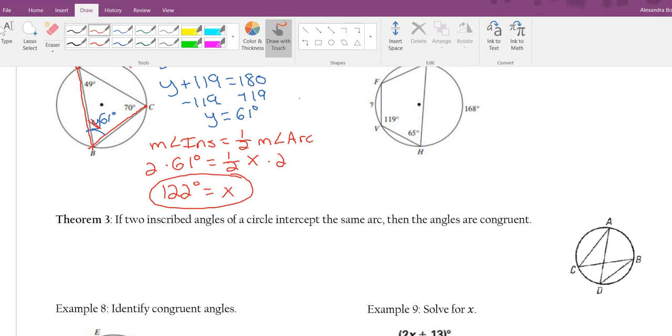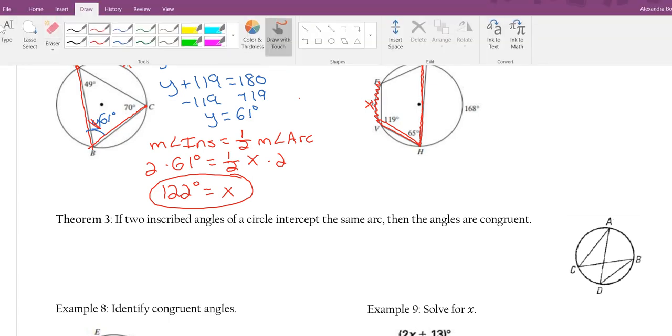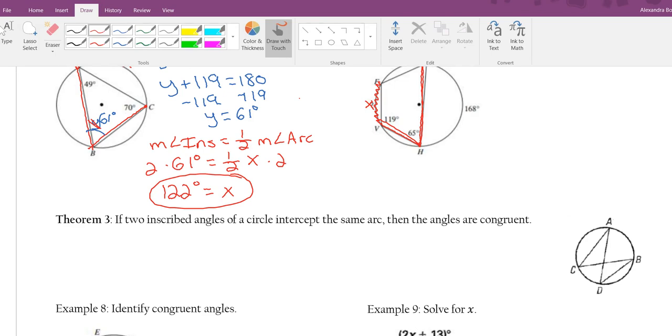All right, let's look at our last one, and we are finding this arc. If you notice, I only have this piece of it. So this one is probably the most difficult type of problem you will see. We're going to break it down into lots of different pieces here.